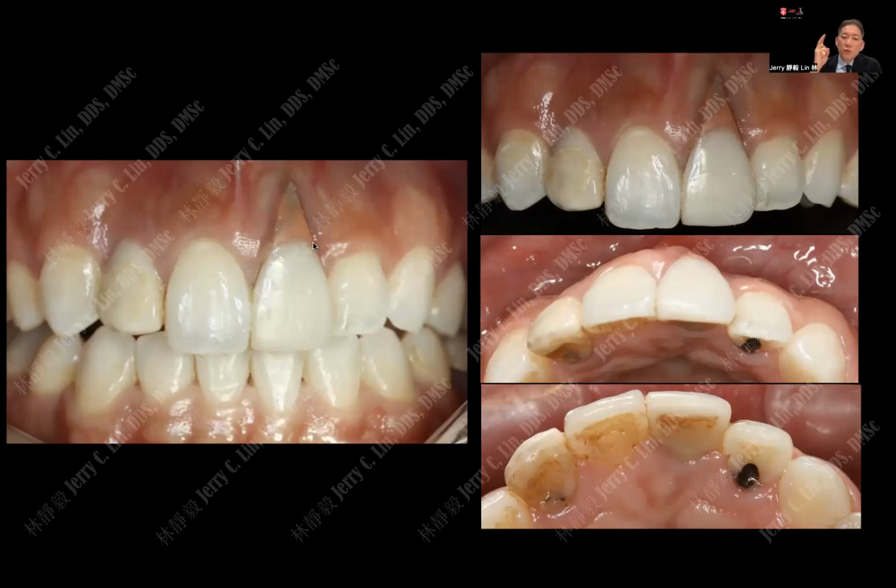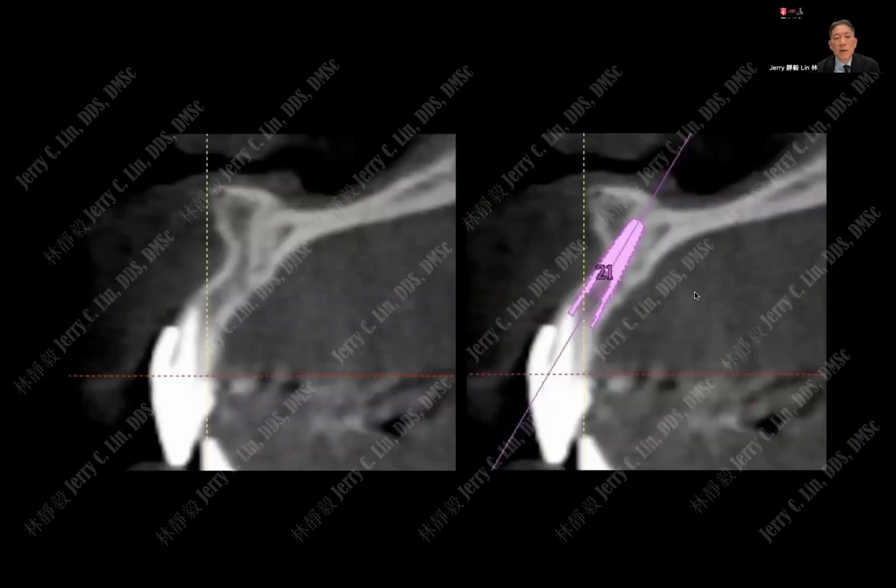So bone and soft tissue has to be built up for this particular case, for sure. But scenario-wise, it's a very compromised situation, because the bone architecture here is very challenging.